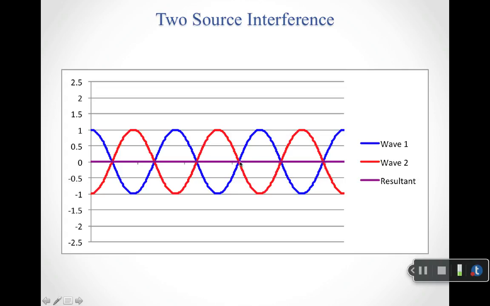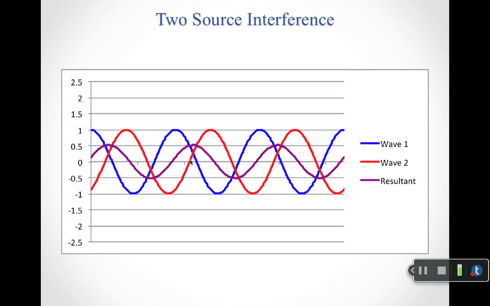Pick any point along the wave, add together the blue wave and the red wave, and it's always going to give you 0. So here, my waves are what's known as perfectly out of phase. They're canceling out. So what we care about when dealing with interference is the relative phase between our two waves.